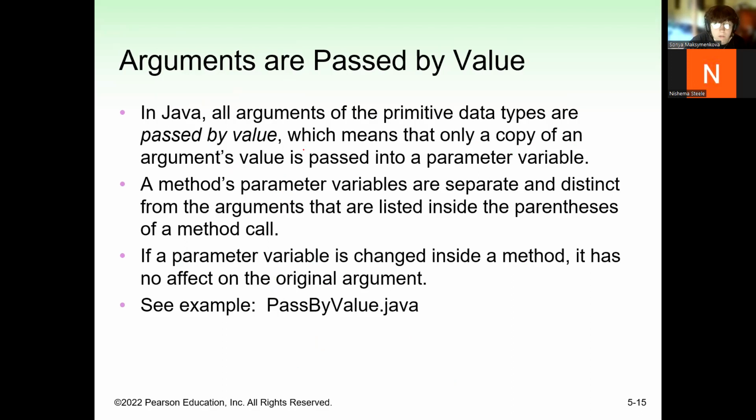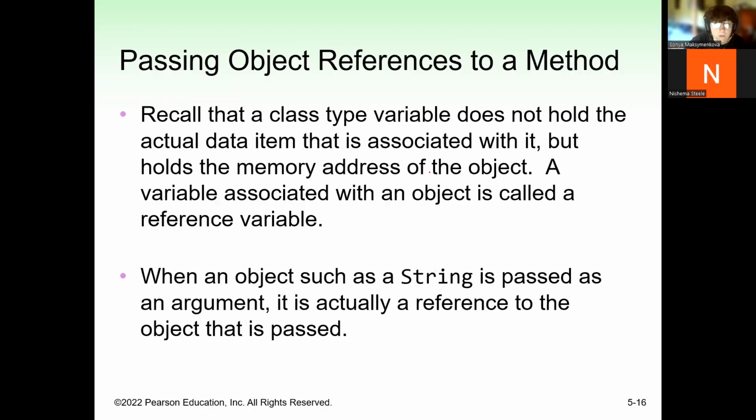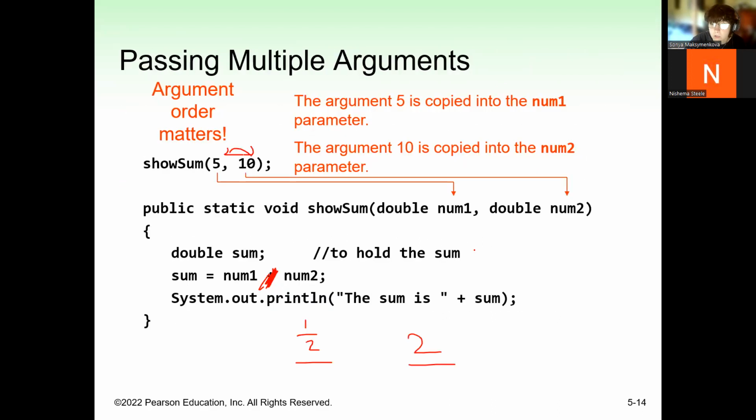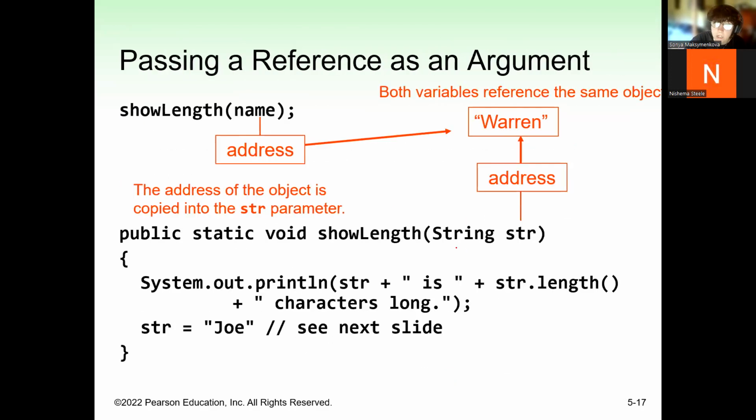Arguments are passed by value, object reference. Okay, yeah, you can pass an object reference. Well, it's the same thing as passing your regular arguments. So as you can see here, we are passing a double and some sort of variable. In this case is num1, so double num1, that's what we're passing. And in this case, we're passing string str.